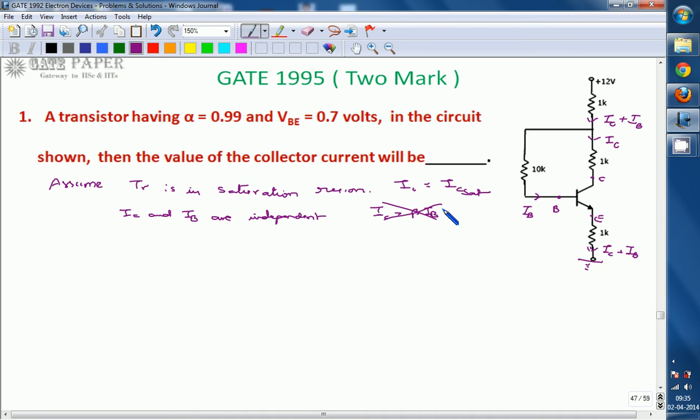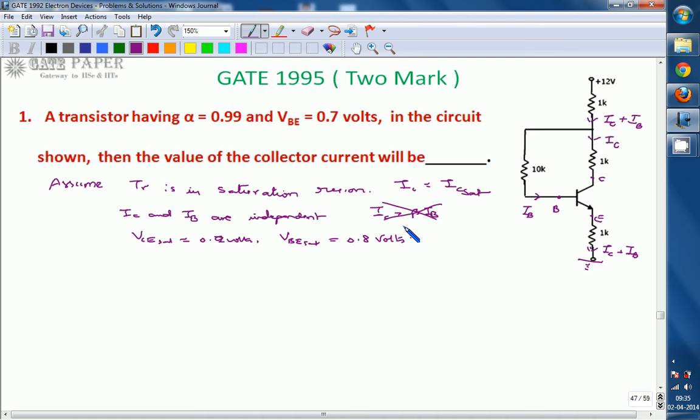We know that a standard value of VCE saturation is 0.2 volts for silicon, and VBE saturation is 0.8 volts for silicon. So assume we are going with a silicon transistor.